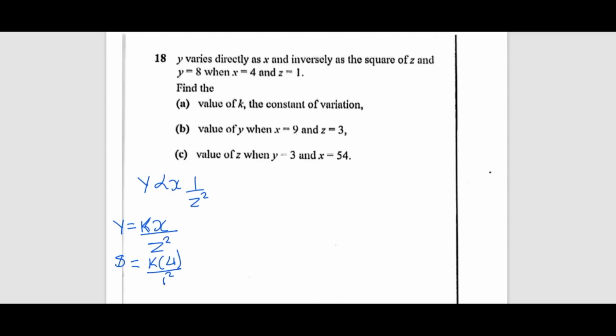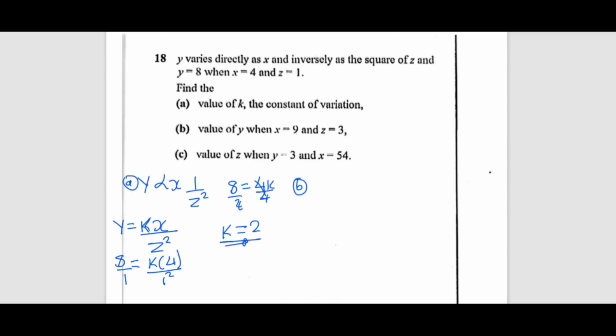We know that this is the same as 1. So 1 times 1 is 1 times 80. We have 80 is equal to k times 4, so 4k. Dividing by 4, the value of k is 20. Then let's solve for question B.